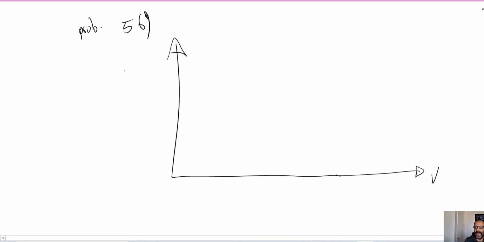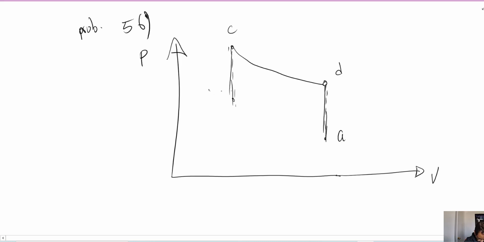So we have a PV diagram. I think they labeled the points differently, but that's fine. We start from point C, go down on an isothermal to point D, and then go straight down at constant volume to point A. So this part of the cycle is an isochoric process, and in here also an isochoric process at constant volume.